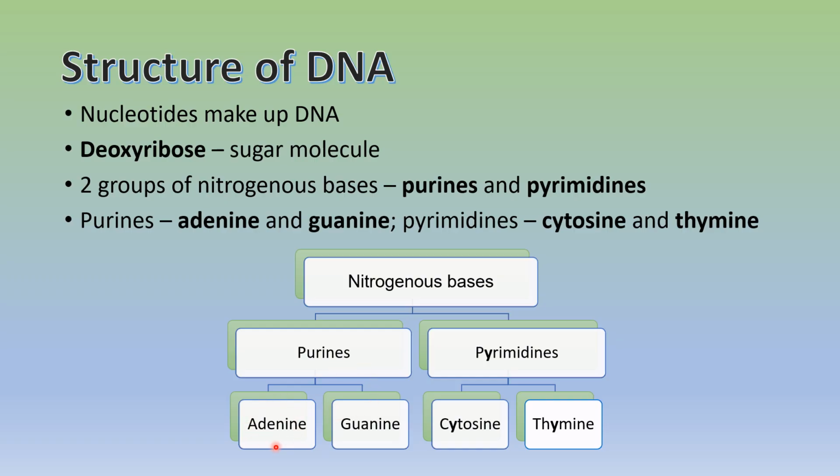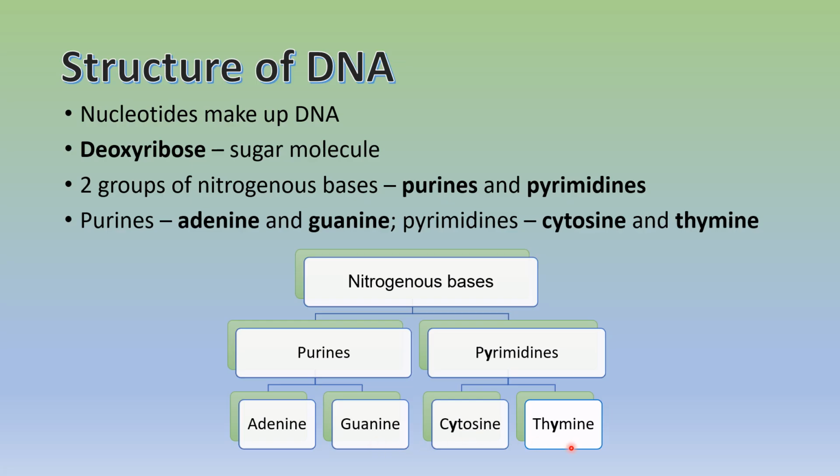We have adenine, guanine, cytosine, and thymine. So once again, my nitrogenous base is divided into purine and pyrimidine. Those are the two groups. And the four types of nitrogenous bases that I actually have is adenine, guanine, cytosine, and thymine.